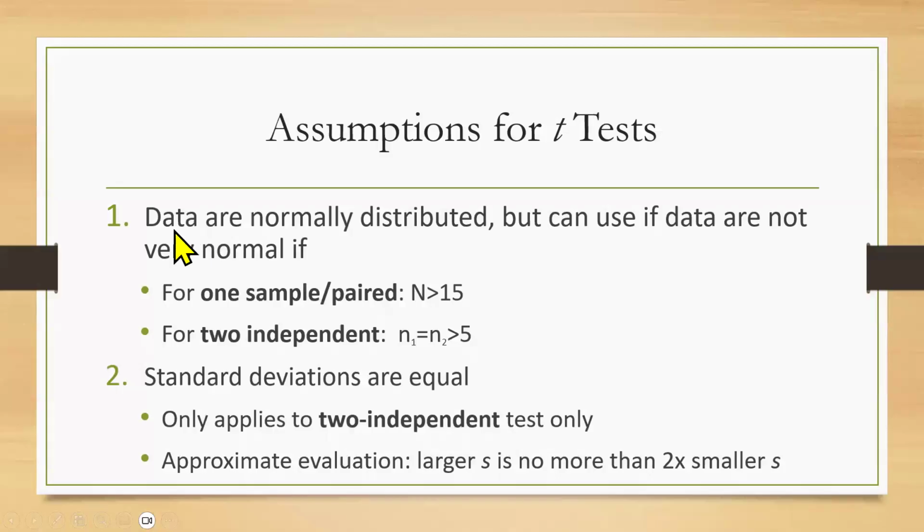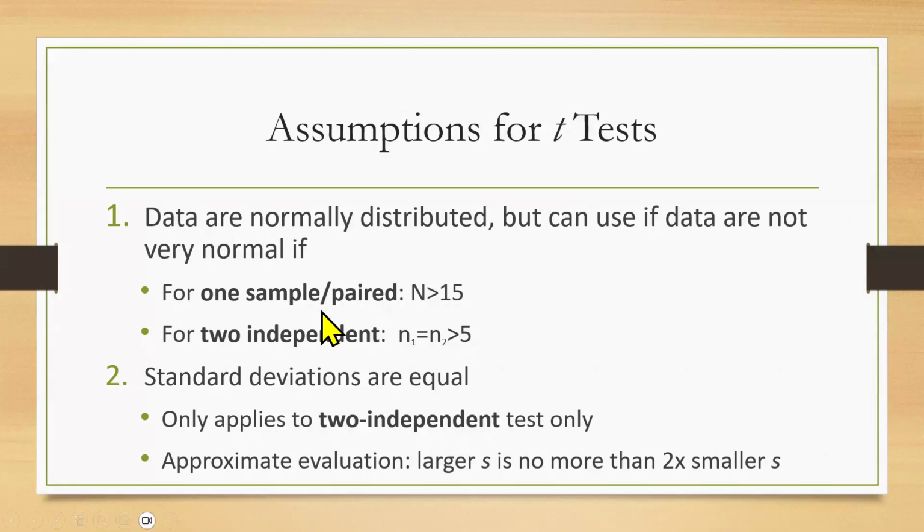So we're going to have this assumption for our t-test: when we're getting ready to do a t-test, we have to check these assumptions to make sure the test is going to be valid for our data. So we're going to make a histogram of our data to check if they're normally distributed. However, even if they're not very normally distributed, we can still use these tests, and that's going to depend on the sample size.